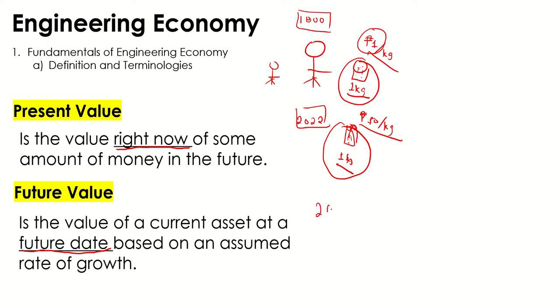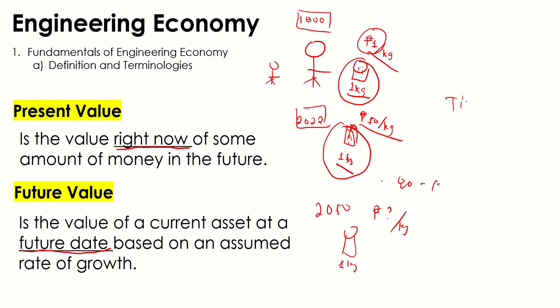Okay? Now, let's look. What if 2050? The question is, how much would a kilo of rice be? Probably that kilo of rice would no longer be 50. I don't know, maybe 80 or 90 or 100. So you see the point? That's the concept of money.